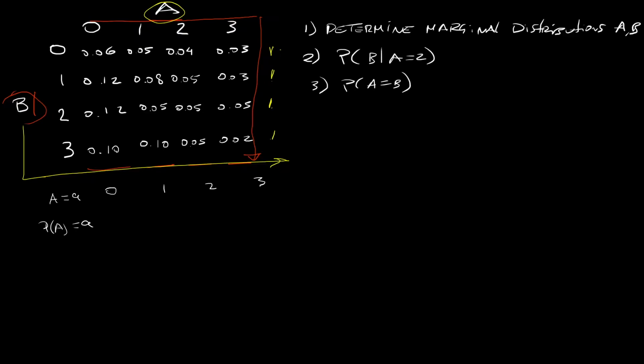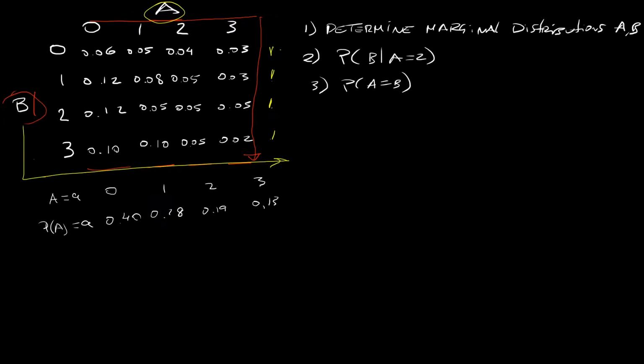So 6 plus 24, that's 30, plus 10 is 40. Do this for the other ones. So 5 plus 8 is 13, plus 5 is 18, plus 10 is 28. So 0.28. And you're going to do this for the other one. So this one is 19, and this one is 13.